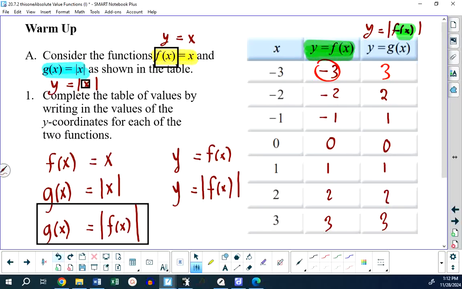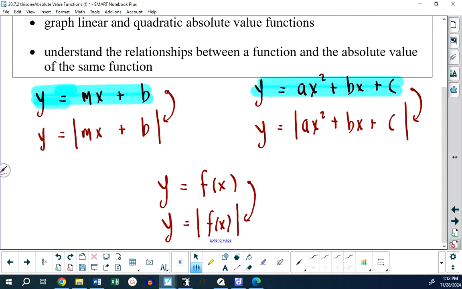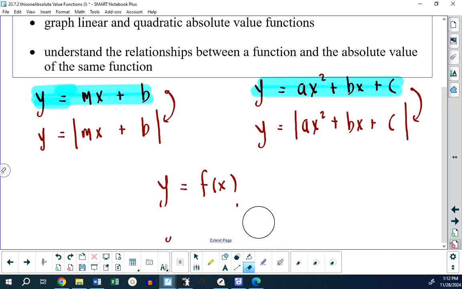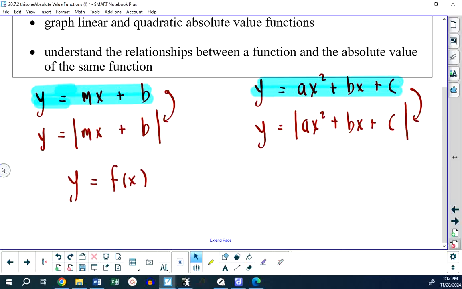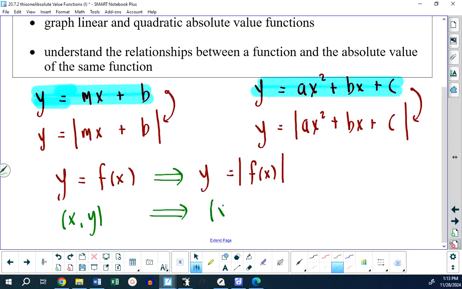And I can reveal to you now what we're doing in general. When we are going from a function to the absolute value of the function, what we are doing is taking every point on the function and changing it to that.